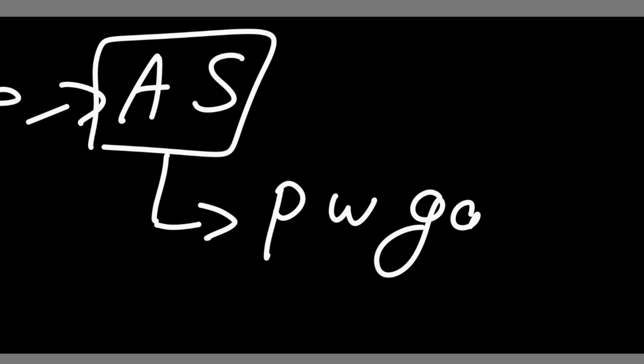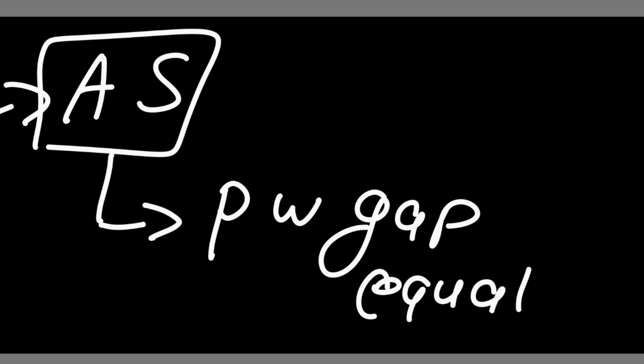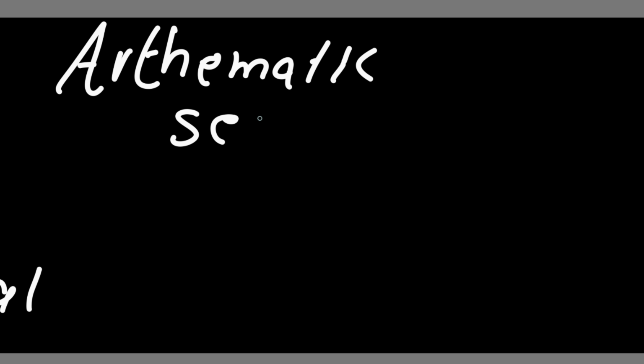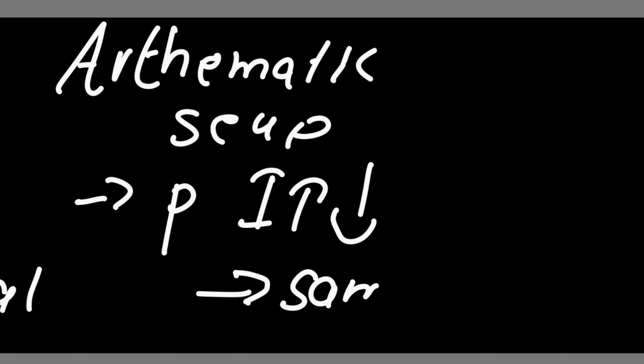Now let's understand what is arithmetic sequence. Arithmetic sequence just means a pattern where the number gap is equal. Yes, that is it. It is one of the simplest sequences and the easiest one to understand. So arithmetic sequence means a pattern of numbers that is increasing or decreasing by the same amount of gap.